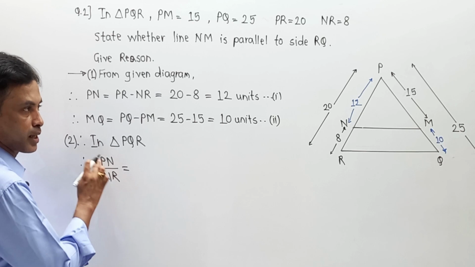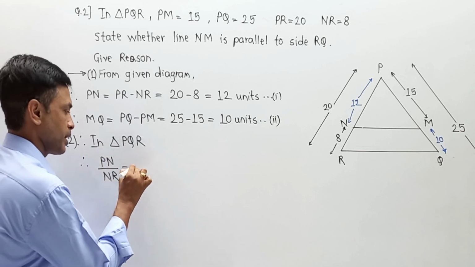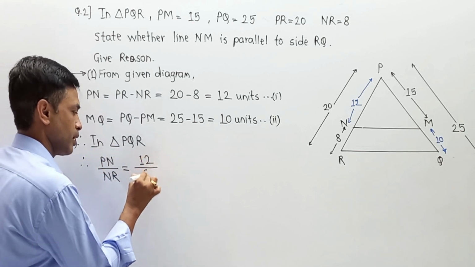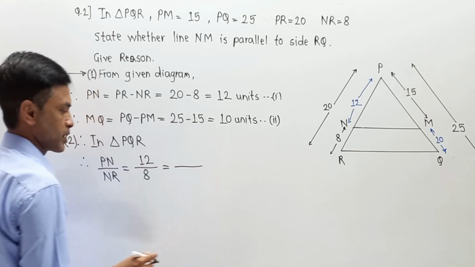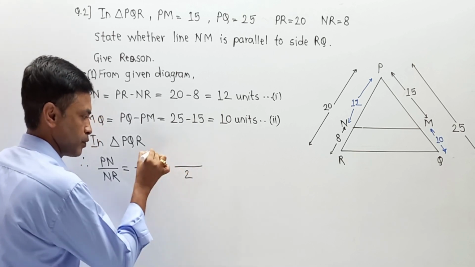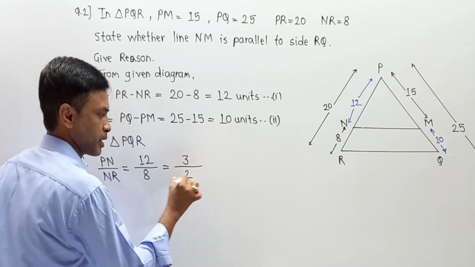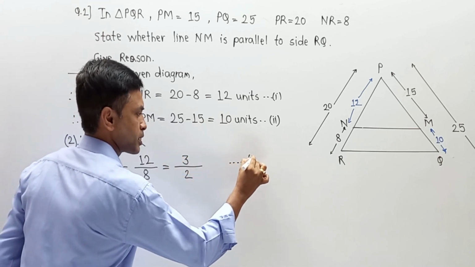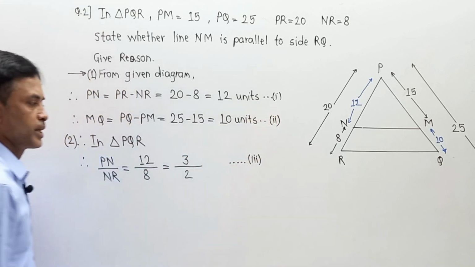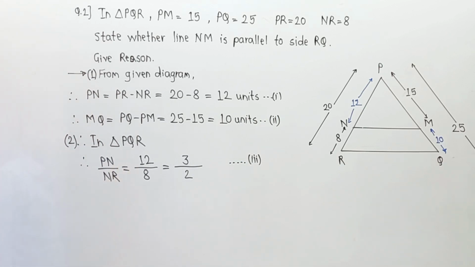PN upon NR, that becomes 12 upon 8. Simplification: 4 2s are 8, 4 3s are 12, so it becomes 3 by 2. I'm going to call it equation number 3 because 1 and 2 we are already given. Next ratio, PM upon MQ.